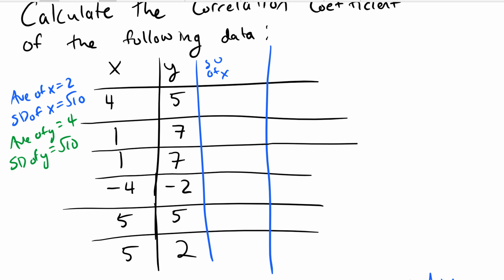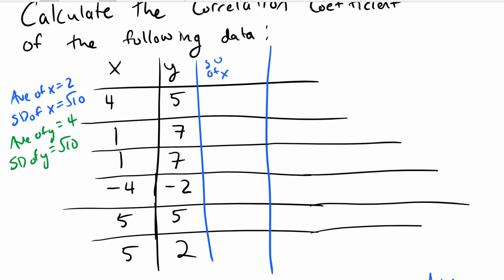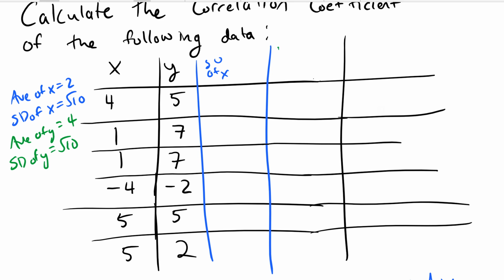The next column will be the standard units of y, and the last column will be the product of the previous two columns. Please see the normal approximation video to review how to calculate the standard units.